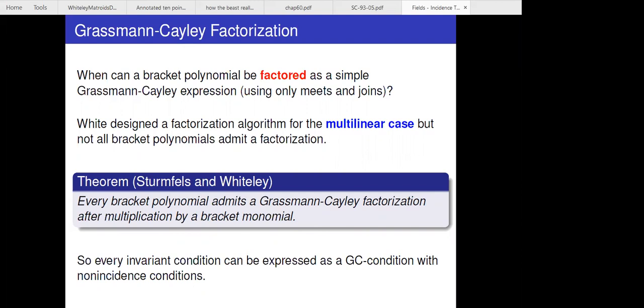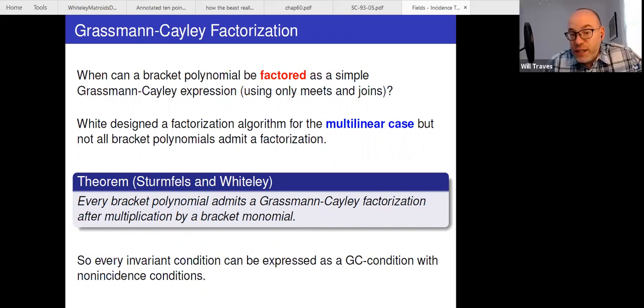So Will, when you have to multiply by a bracket monomial, that means you have to remove some bad configuration of points. Yeah, that's right. You're not allowed to have points 1, 2, and 3 be collinear or something like that. But as long as that bad configuration is ignored, then you've got this factorization.